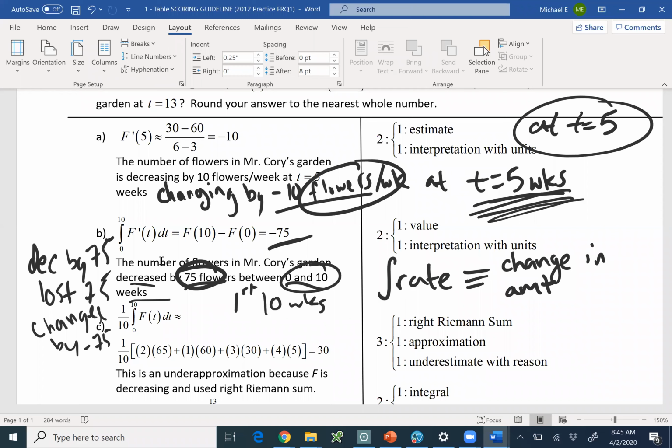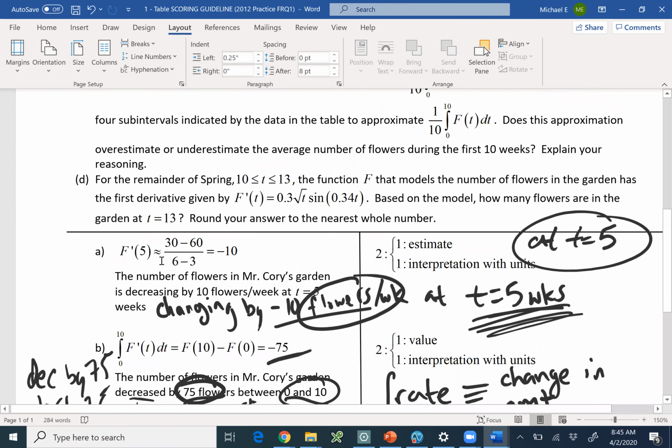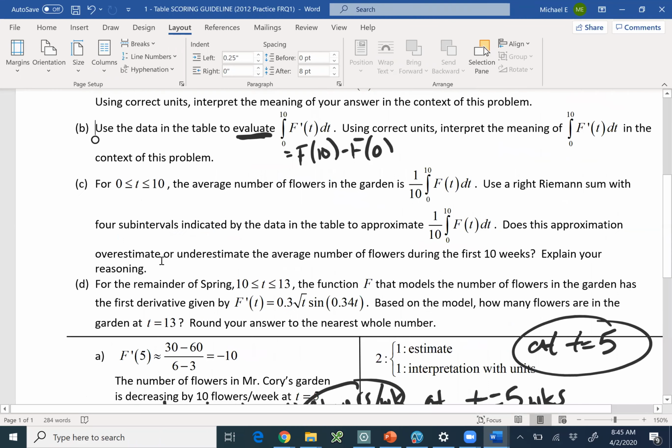Okay, Carlos said he thought the interpretation was asking for the integral, and essentially it is, but once you have the answer, you can use that. But that's not to say you can't get the point without using that, right? Because this didn't actually say the answer, this said to interpret the integral. So you can do it either way. I like to do it with the 75 because we just got the answer.